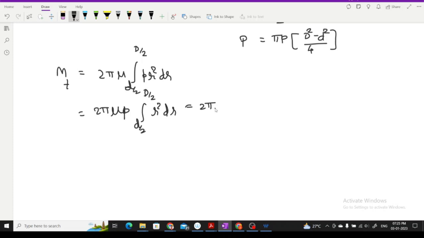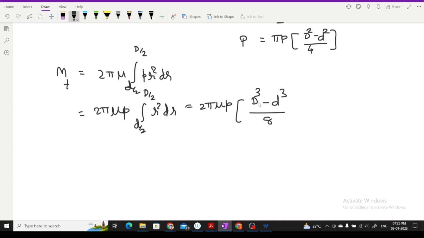So here this 2 pi mu p, I am directly putting this D cube minus d cube by 8, because the limits are D by 2 and d by 2.